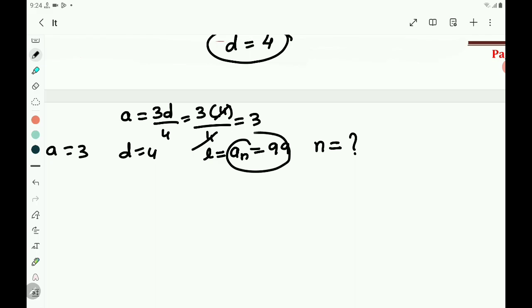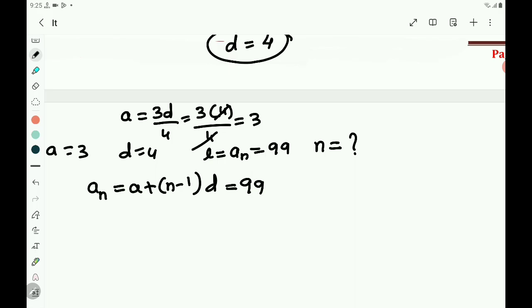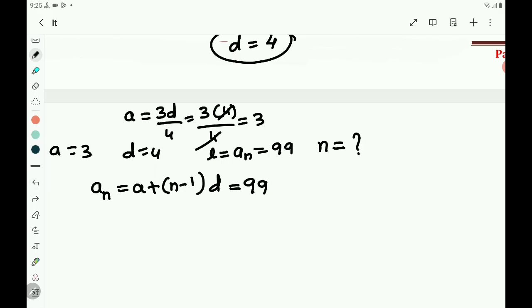As an is given, n is to be found out, write the formula for an: an equals a plus n minus 1 into d equals 99. Then what is the value of a? a is 3. 3 plus n minus 1 as it is, into d means into 4, equals 99.